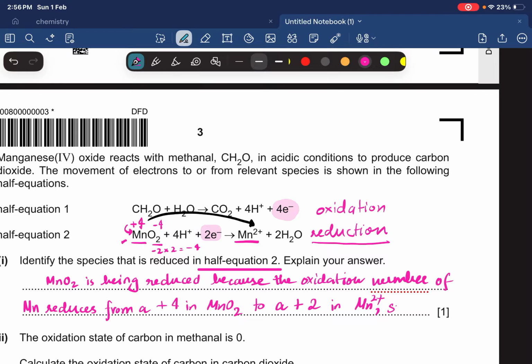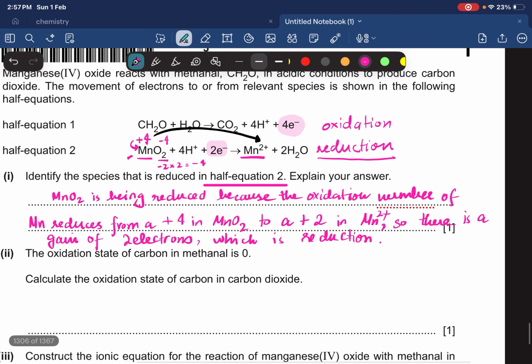So there is a gain of 2 electrons. We're going to tell everything we know, which is reduction, right? Gain of electrons is called reduction, and Mn is the one that's being reduced because it's gaining electrons.